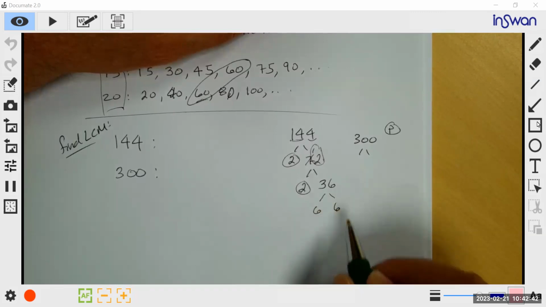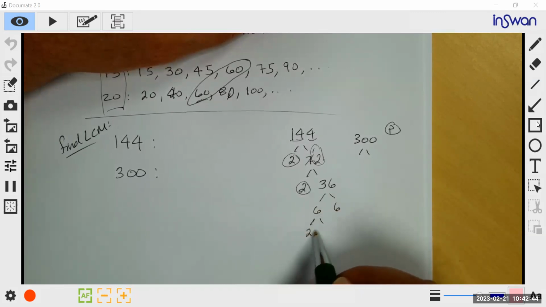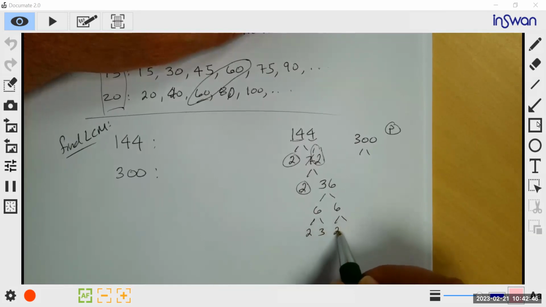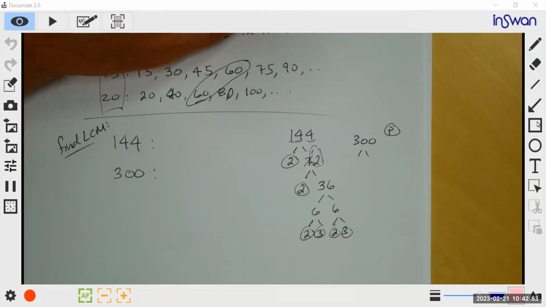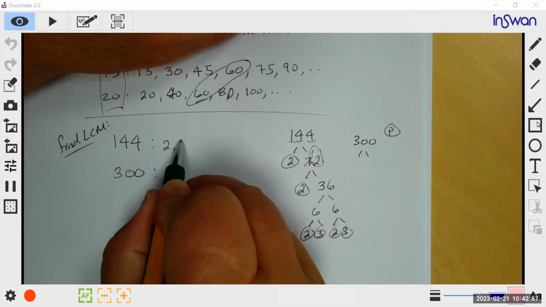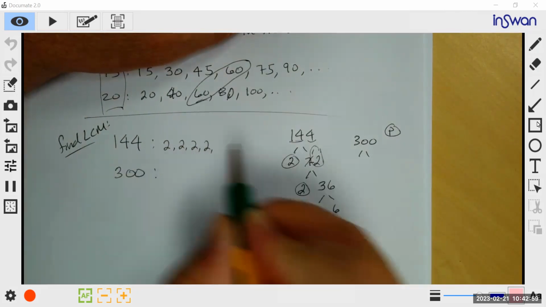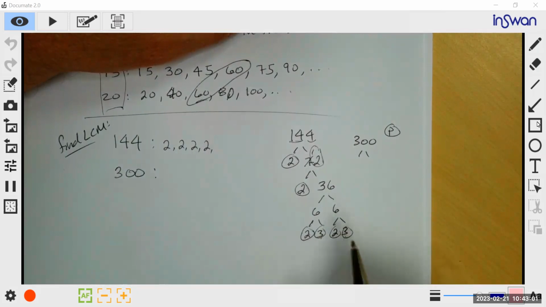We know 6 times 6 is 36. So far, so good. So we have 2, 2, 2, 2, and how many threes? 2 threes.